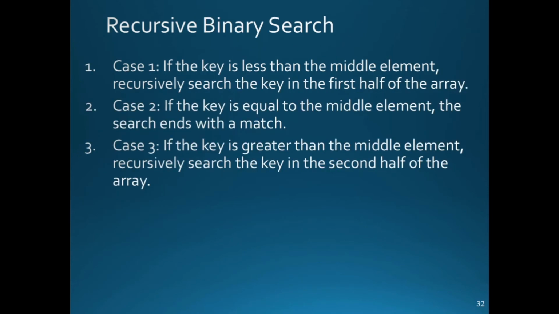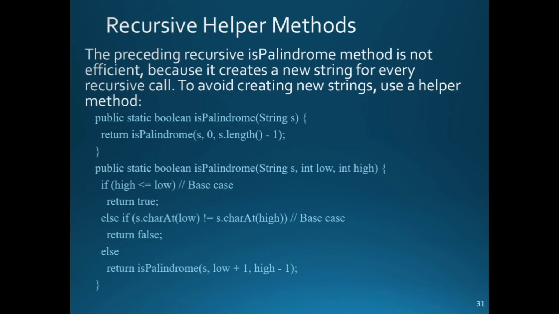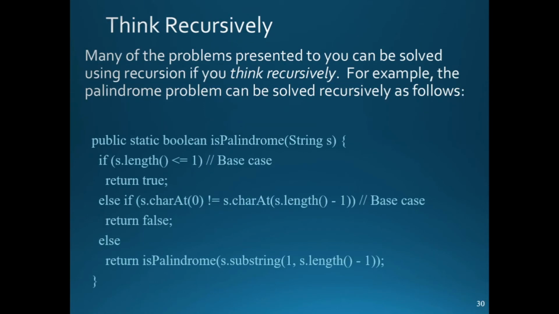Well, let me just, since I am here at the recursive function, I want to show you this. Sometimes when we think recursively, we need to have a specific case. Let me just take this one as an example. I'm trying to check if a word read left to right or right to left will give you the same results, and I'm going to try to do this using recursion.